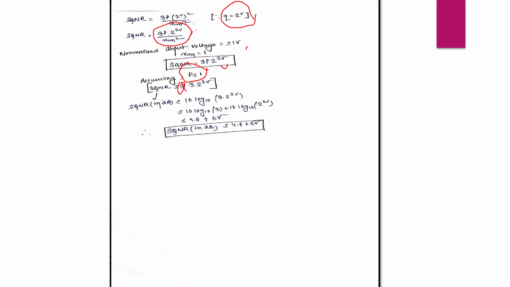If we cancel this, we get that SQNR is less than or equal to 3 into 2 to the power 2v, and SQNR in decibels is less than or equal to 10 log 10 of 3 into 2 to the power 2v. As a result, we get SQNR in decibels less than or equal to 4.8 plus 6v, where v is the number of bits.